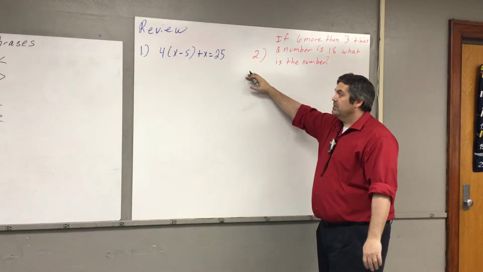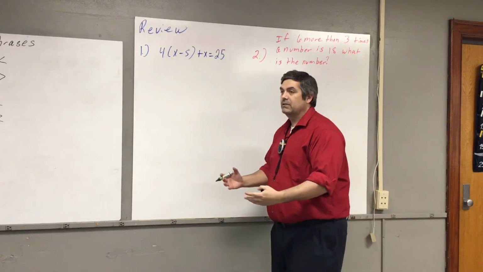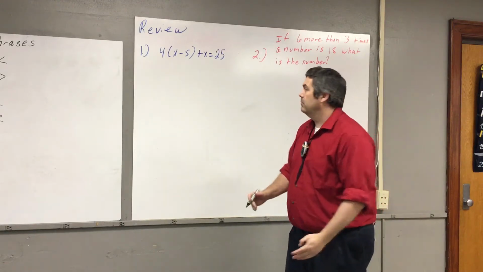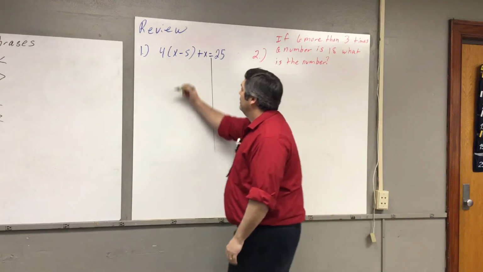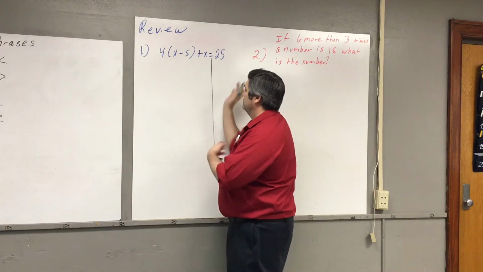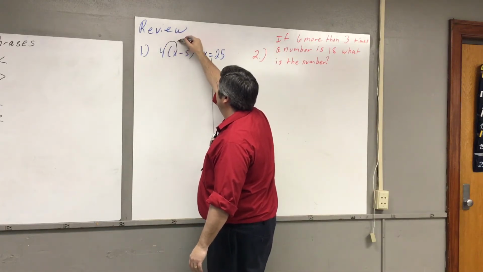First problem is an equation. Guys, everything here is doing all the things that we've done: distributive property, combining like terms, and then solving the equation. Draw your line. Some other people would have said, do this first, then draw your line. Whatever. It's the same thing. Take this, multiply here and here.